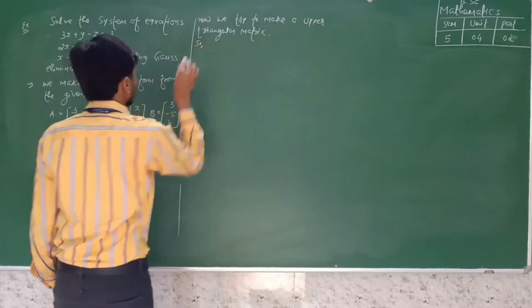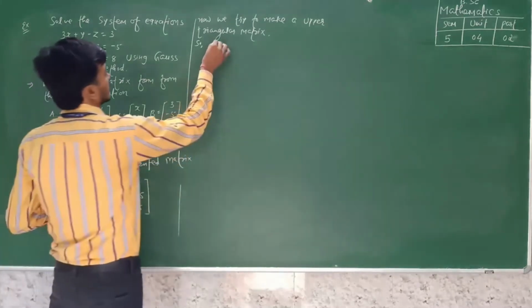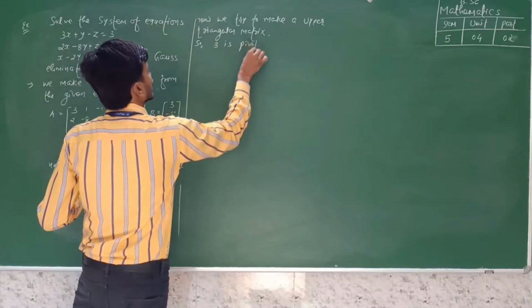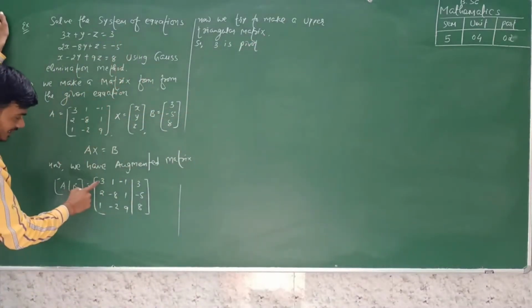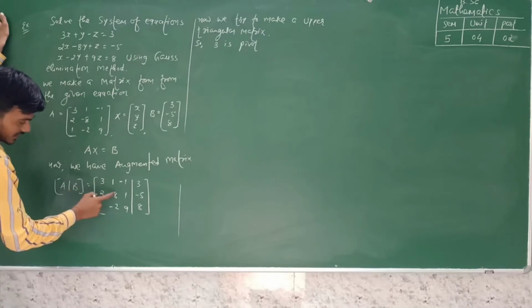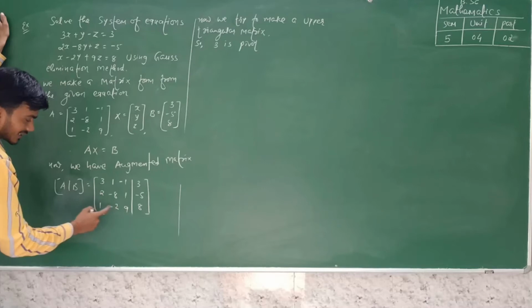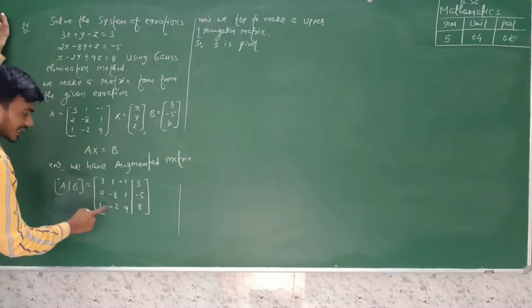So this first one is not 0. So 3 is the pivot. So we make an upper triangular matrix. That means the elements below the leading diagonal elements are 0. This one and this one, we try to make these elements 0.